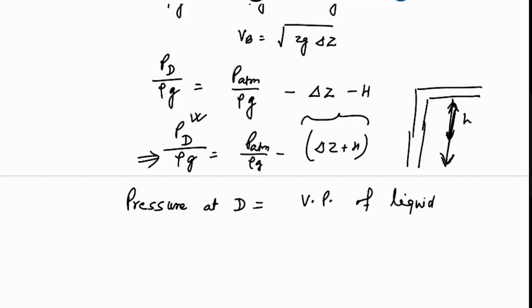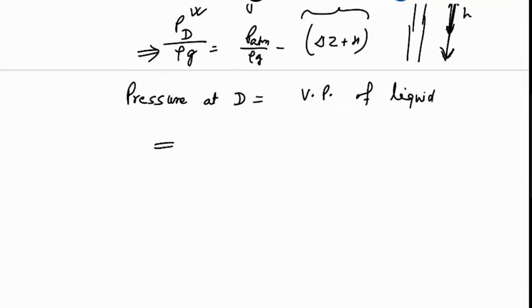in that case this is atmospheric pressure, but now this is not atmospheric pressure, this is pressure at D, because this is not open, this is closed. So your pressure is equal to vapor pressure, then you will have boiling. Liquid will start forming vapor. So vapor will form. Once this vapor forms, the flow stops.